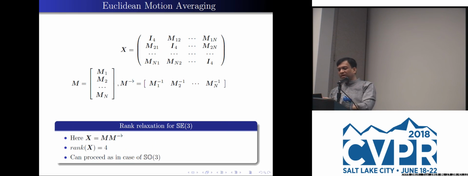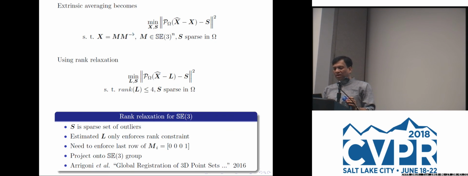I'm just going to take 2 minutes and then wind up. As in the case of 3D rotations, there is also a relaxation form for SE3, where you ignore the geometric constraints of the problem, embed it in the extrinsic space, and then try and solve it. So it more or less follows the ideas that I mentioned earlier.